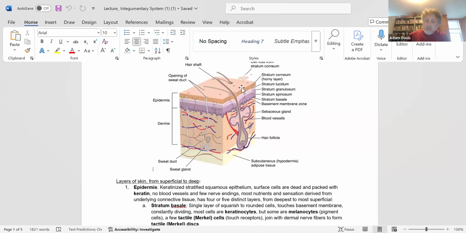Now, the stratum corneum consists of specialized cells called corneocytes. Corneocytes are keratinocytes that are fully packed with dense keratin, making them thick and water-resistant, much like an animal's horn, hence the term horny layer.